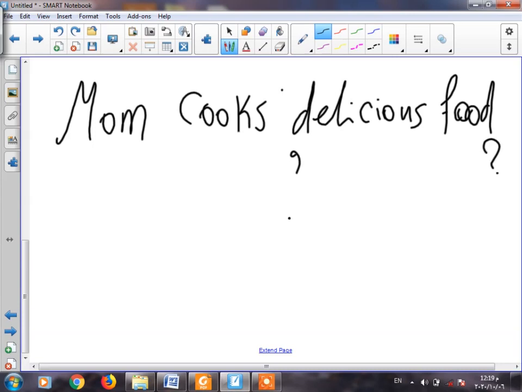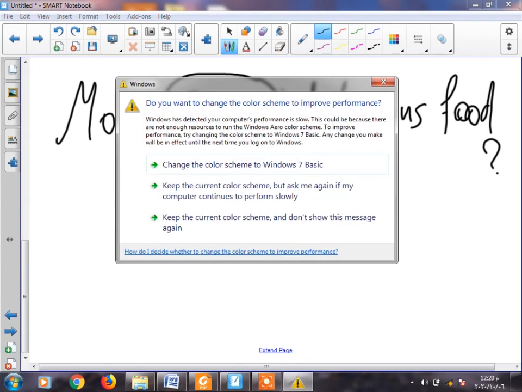Let's look here at our verb. Our verb here is cooks. What about its tense? Its tense here is a present simple form. How do you know that? Because we have mom, and mom is a singular noun, and with the singular noun I add s to our verb as you see.